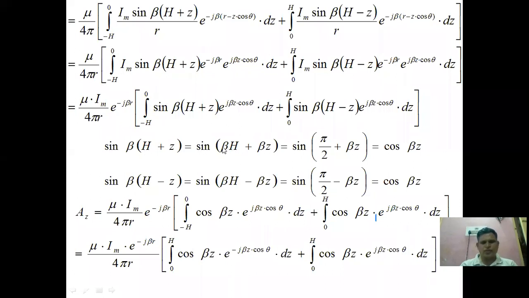We already know the phase constant beta is equal to 2 pi by lambda. Here, what is h? H is equal to L by 2. What is the length of the dipole antenna? L is equal to lambda by 2. H is equal to L by 2. Therefore, do you understand this one?